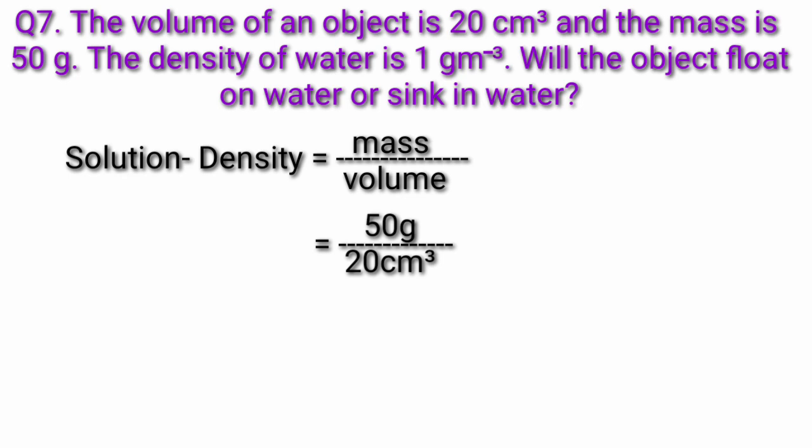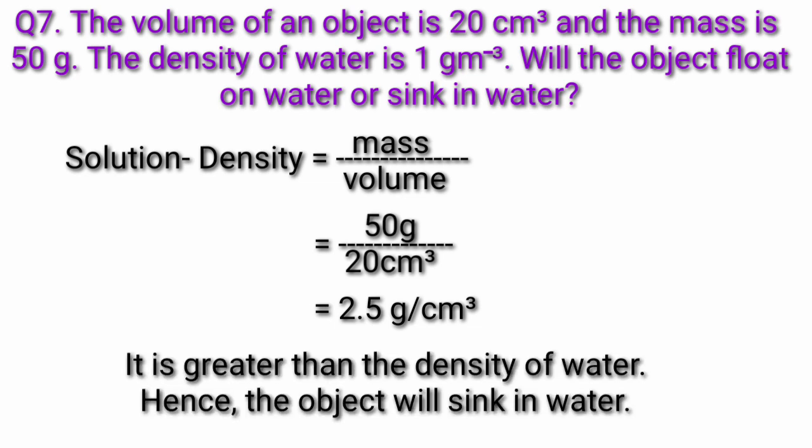So here mass is 50 gram and volume is 20 centimeter cube. So density is equal to 50 gram divided by 20 centimeter cube. So after dividing we will get 2.5 gram per centimeter cube. It is greater than the density of water. Hence the object will sink in water.